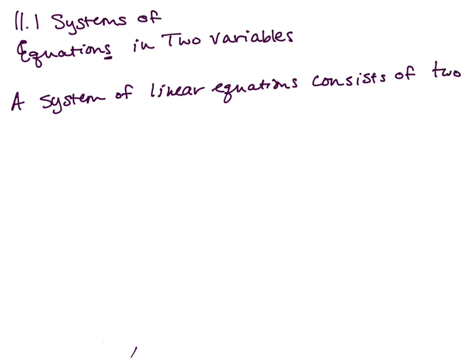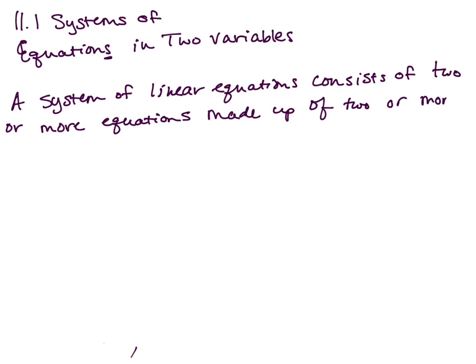Two or more equations. Good. And if it's in two variables, this is going to be two or more equations made up of two or more variables. A system of linear equations consists of two or more equations made up of two or more variables.